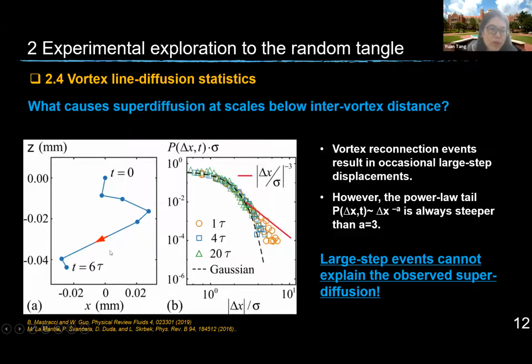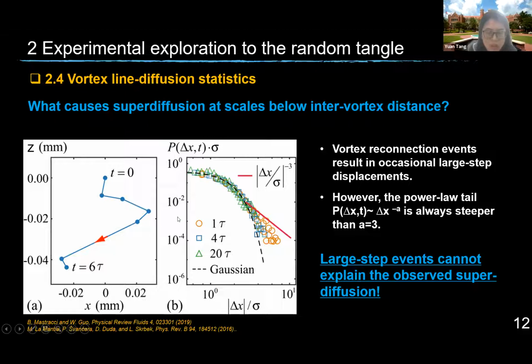Interestingly, our G1 particle indeed have those large distance hops. Here we give the typical track of our G1 particle. This large distance hops is caused by the well-known vortex reconnection events. The details can be found in these papers.